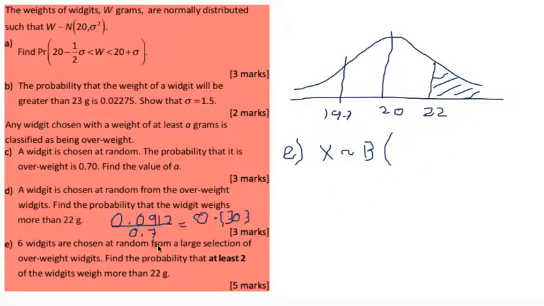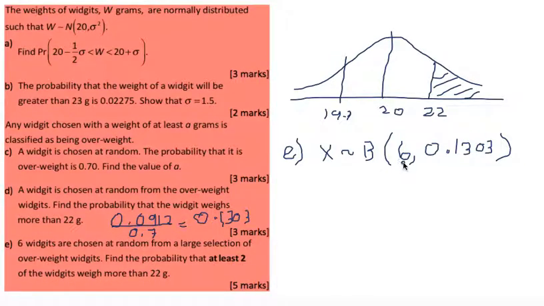So 6 widgets are chosen at random from a large selection of overweight widgets. Find the probability that at least 2 of the widgets weigh more than 22. I already know the probability of a widget weighing more than 22 out of that selection as 0.1303.